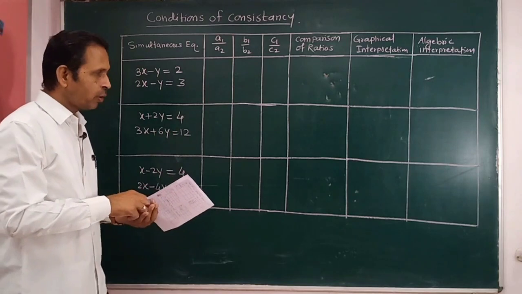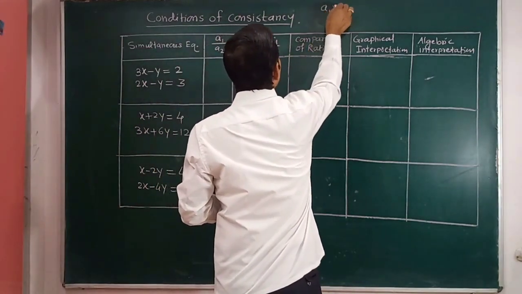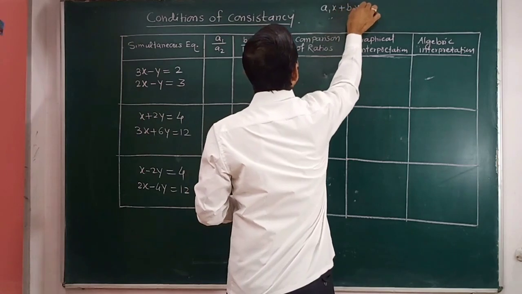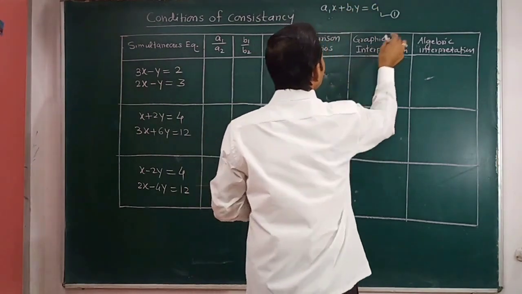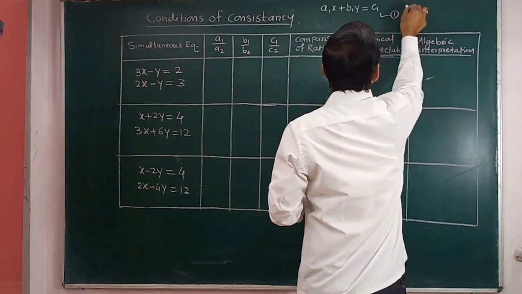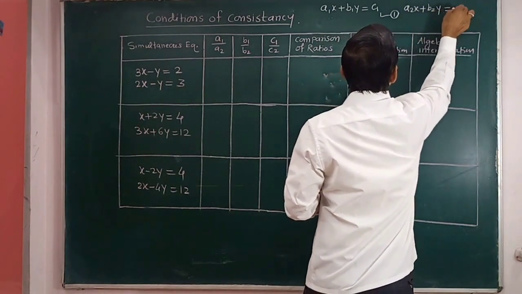Now suppose the two simultaneous equations are like this: a1x plus b1y is equal to c1. This is the first equation, and the second equation is a2x plus b2y is equal to c2.